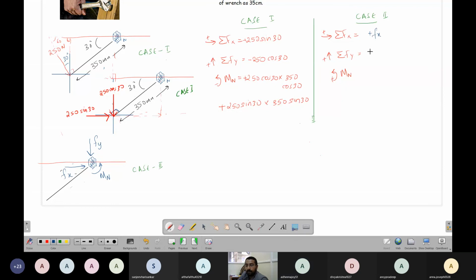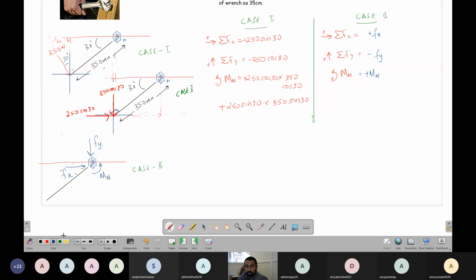Y ഡയറക്ഷനിലെ minus Fy. മൂവ്മെന്റ് Fx into 0, Fy into 0. രണ്ട് 0 ആണ്, ഞാൻ എഴുതുന്നില്ല. പിന്നെ plus Mn, Mn which is positive. ഓക്കെ, അപ്പൊ ഈ വാല്യൂസ് ഒന്ന് കാൽക്കുലേറ്റ് ചെയ്ത് പെട്ടെന്ന് പറയൂ. So what is the value of Fx?